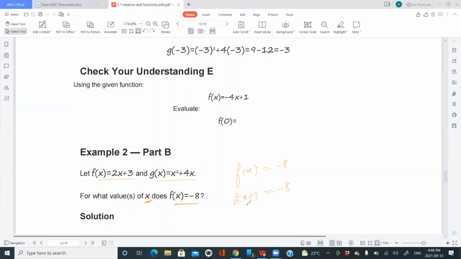Now I will find x from here by the isolating method, remember? 2x plus 3, negative 3 to the left and negative 3 to the right. The positive and negative 3 become 0, and 2x is equal to negative 11. Then 2x divided by 2 and negative 11 divided by 2, so x is equal to negative 11 by 2. This will be my value of x. Got it?